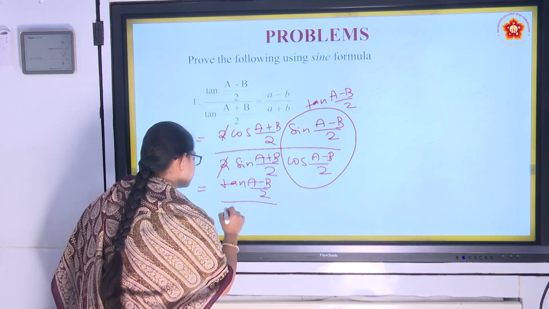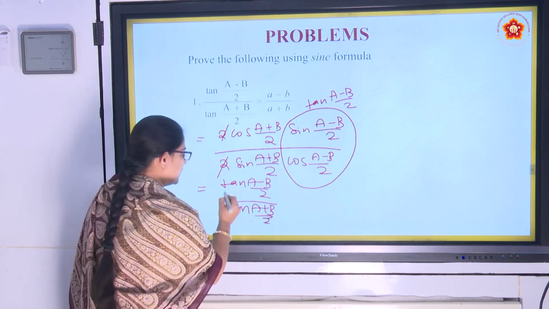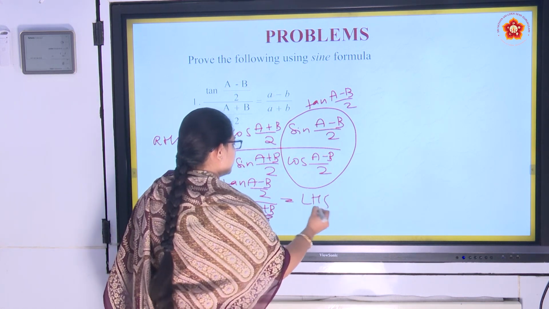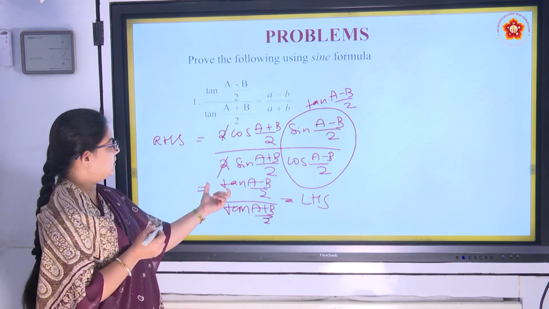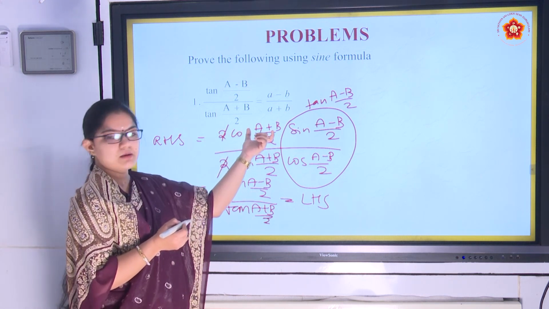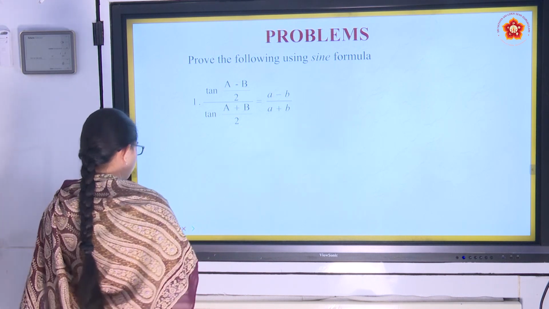So that is tan (A minus B)/2 by tan (A plus B)/2, which is nothing but the left hand side. So we have proved tan (A minus B)/2 by tan (A plus B)/2 is equal to (a minus b) by (a plus b). Let us move on to the next problem.